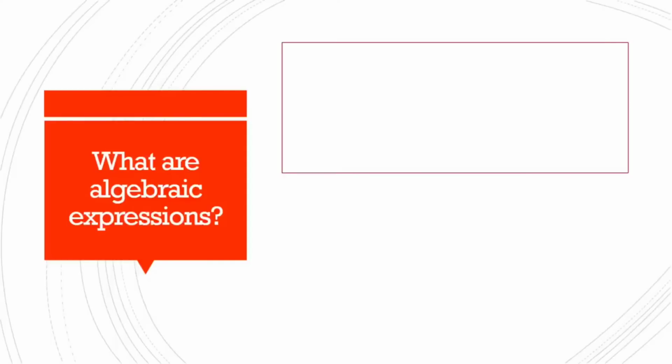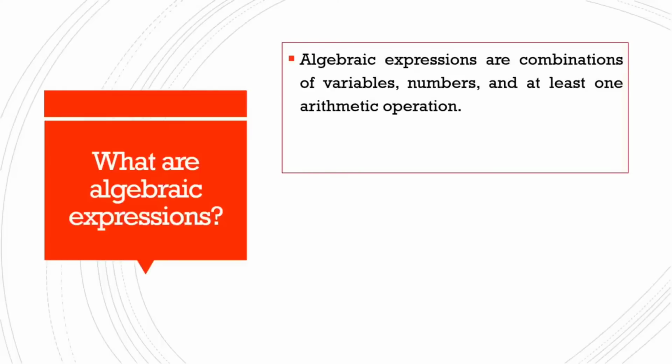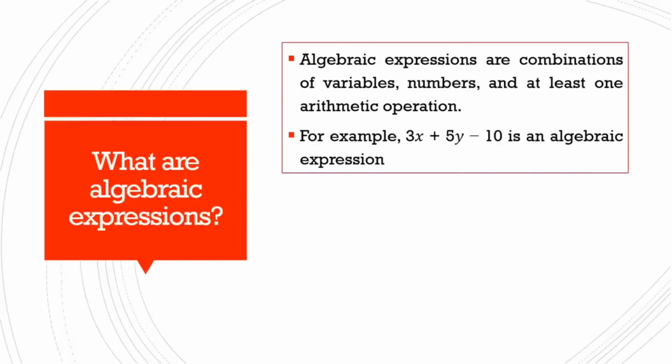And let us start with defining what an algebraic expression is. An algebraic expression is a combination of variables, numbers, and at least one arithmetic operation. Arithmetic operations include addition, subtraction, multiplication, and division.